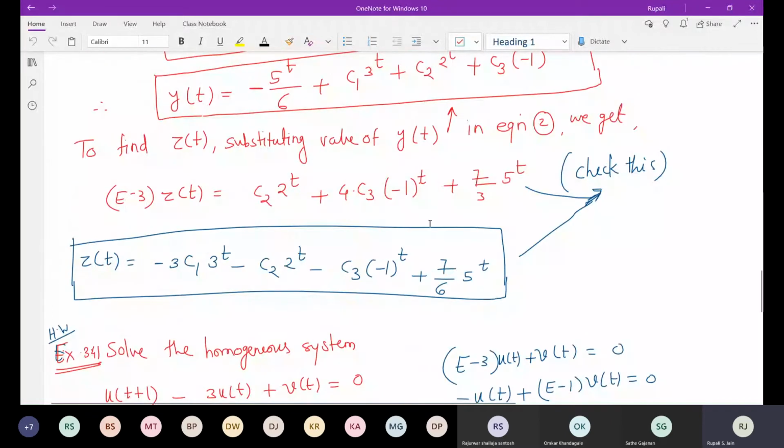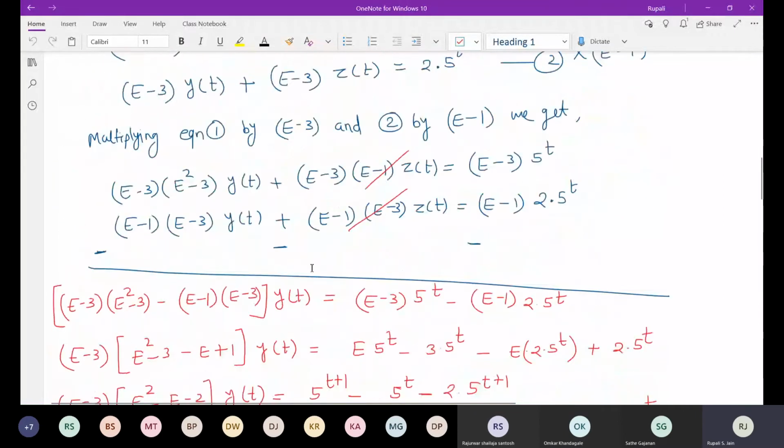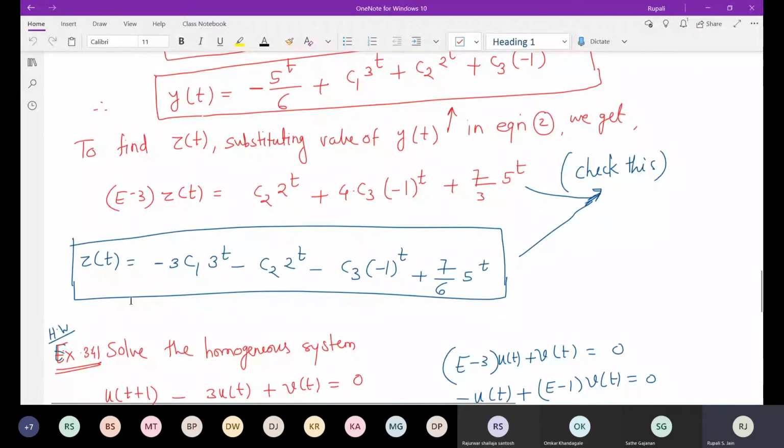I solved this problem in the class, and we found YT, and ZT I told you to check at home. How many of you solved it? Any problem?